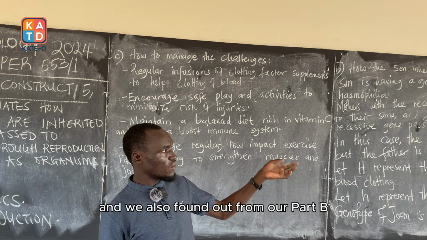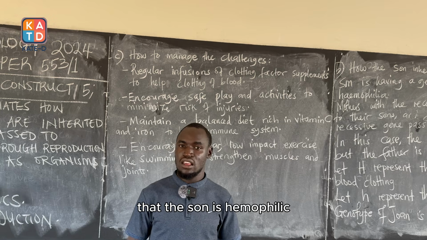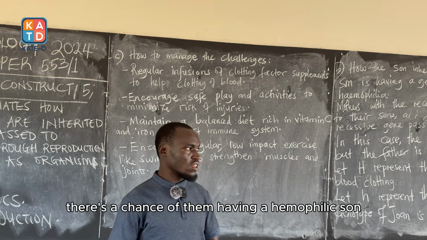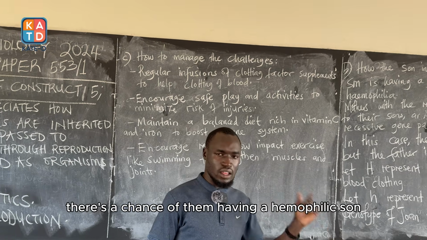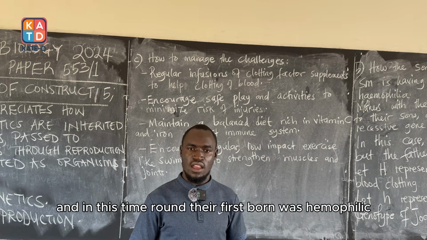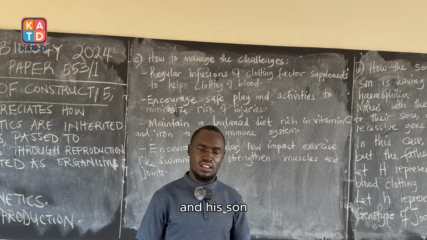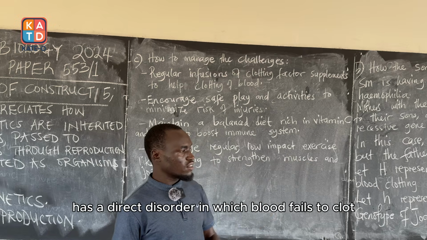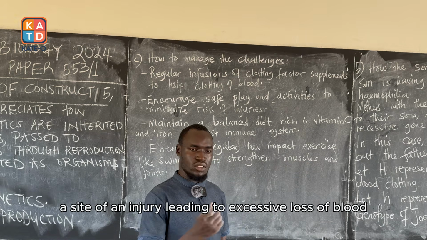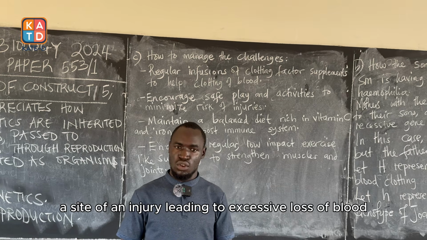And we also found out from part B that the son is hemophilic. Every time they have any fertilization, there's a chance of them having a hemophilic son. And this time round, their firstborn was hemophilic. A firstborn who is hemophilic means this son has a genetic disorder in which blood fails to clot at the site of an injury, leading to excessive loss of blood.